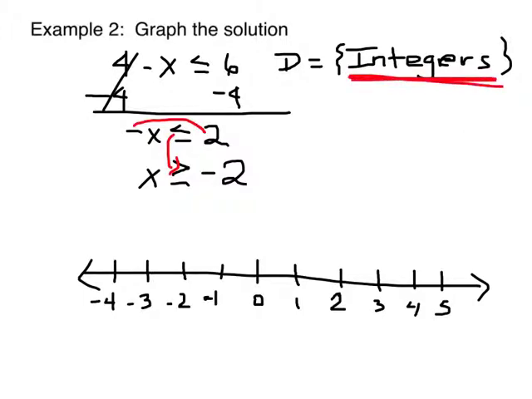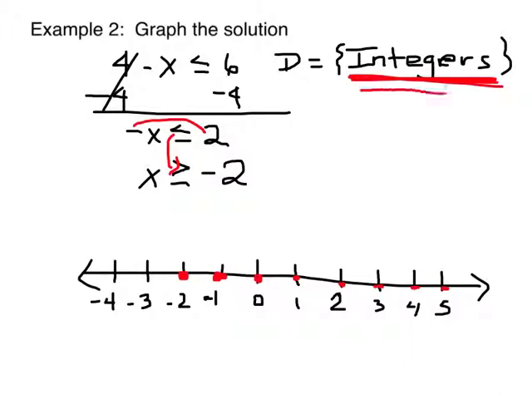You've got to pay attention to your domain or that can make everything wrong. x is greater than or equal to negative 2. If it is equal to, it begins at and includes negative 2. The next integer after negative 2 is negative 1. And the next integer is 0 and 1 and 2, 3, 4, 5, and so on.